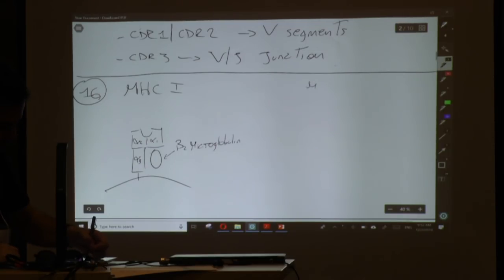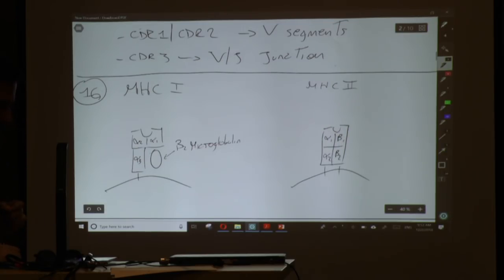And then MHC2 looks like this. You have alpha 1, alpha 2, beta 1, and beta 2. All right?